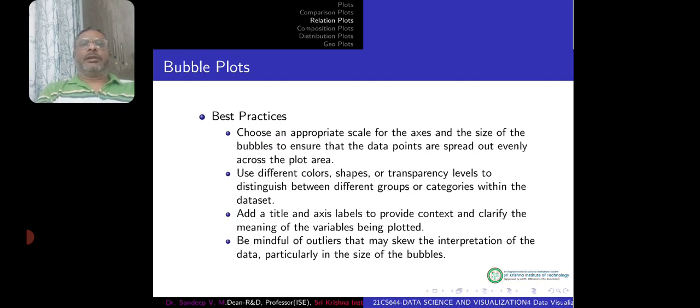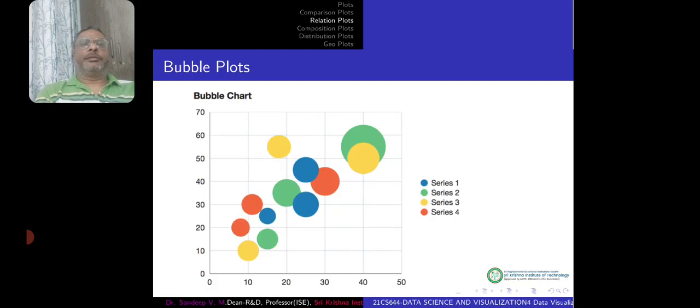So unnecessarily, if one data point is an outlier, the size of that bubble will be too big or too small, so that makes things look totally different. So ensure that outliers are removed from the data set before plotting the bubble plots.